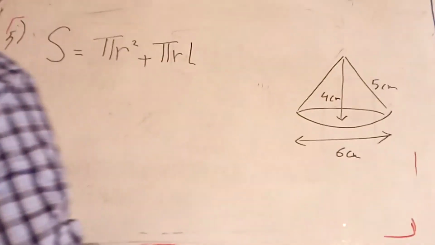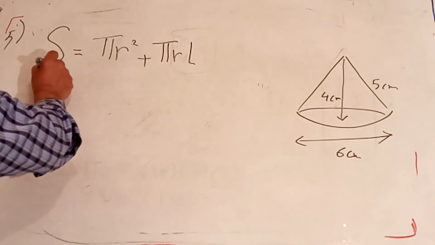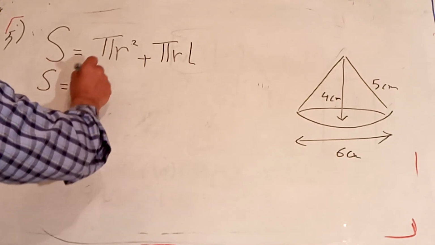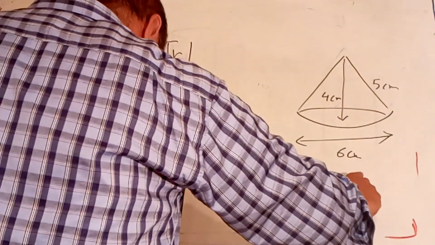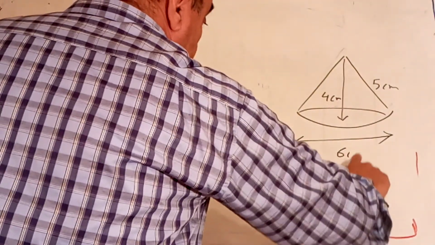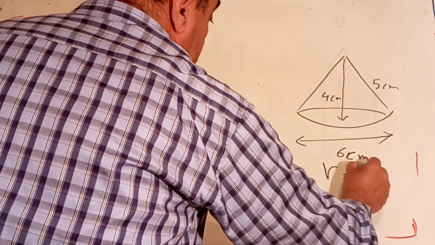You can see this rule on page number 515. So let's start. S equals pi multiplied by r. This is 6 centimeter, so r equals 3 centimeter.